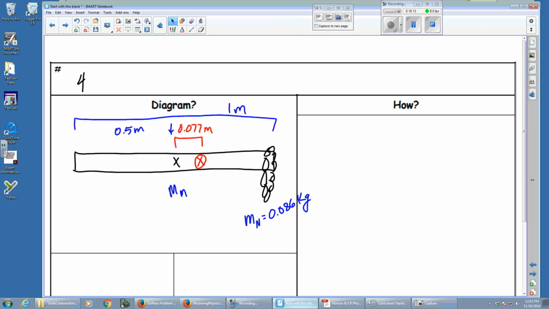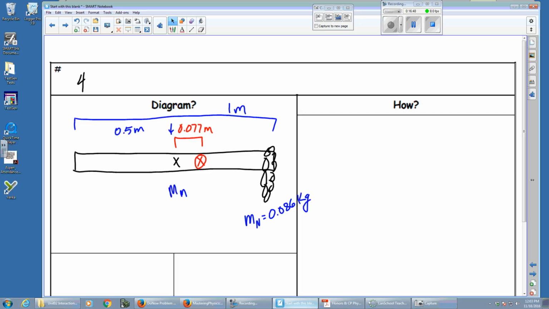Where do you guys want to put our reference point? Remember, we can put it anywhere we want. If we put it at the necklace, then there'd be 1 less mass of the necklace in our equation, because we'd have a 0 distance from the necklace.